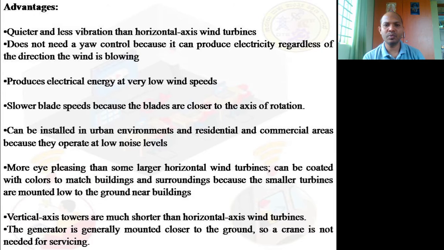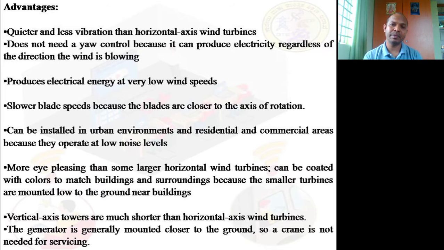They can also produce energy even at a lower wind speed, whereas the horizontal wind turbines require a minimum of 8.8 kilometers per hour, or 2 meters per second, and need a cut-in speed of 12.6 kilometers per hour, whereas this requires much less speed in order to start and generate electricity.